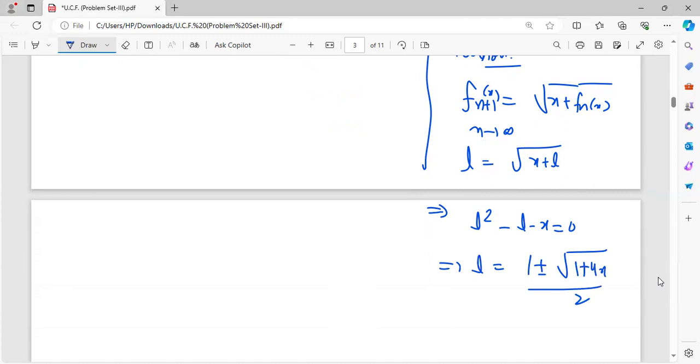So the possibility is that L is (1 plus the square root of (4x plus 1)) by 2. Okay, because each f_n(x) is non-negative, the limit cannot be negative. You either write 1 plus 4x or 4x plus 1, same thing. Okay. So this is the guess.